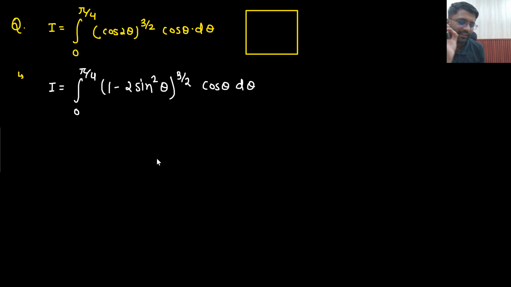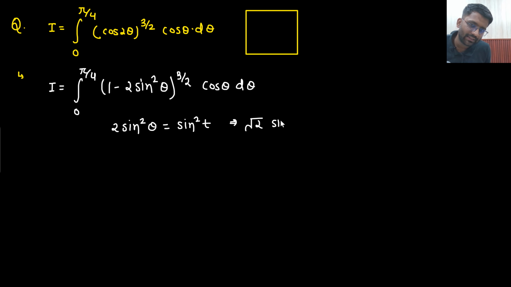So if I put in place of 2 sine square theta, sine square t, what will happen now? Talk about the limit as well. Everything is positive, so I will only take the positive value. So under root 2 sine theta equals sine t. Now think about the limit. If theta equals 0, then under root 2 sine 0 will be 0 only, so t will also be 0.